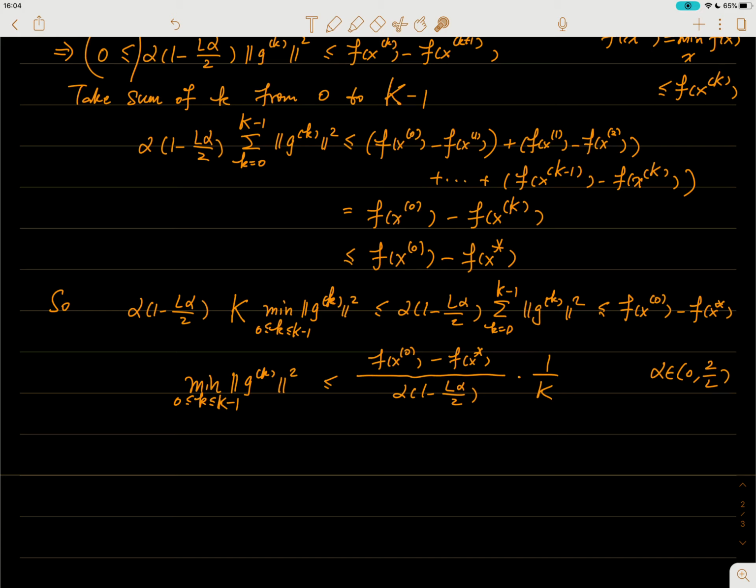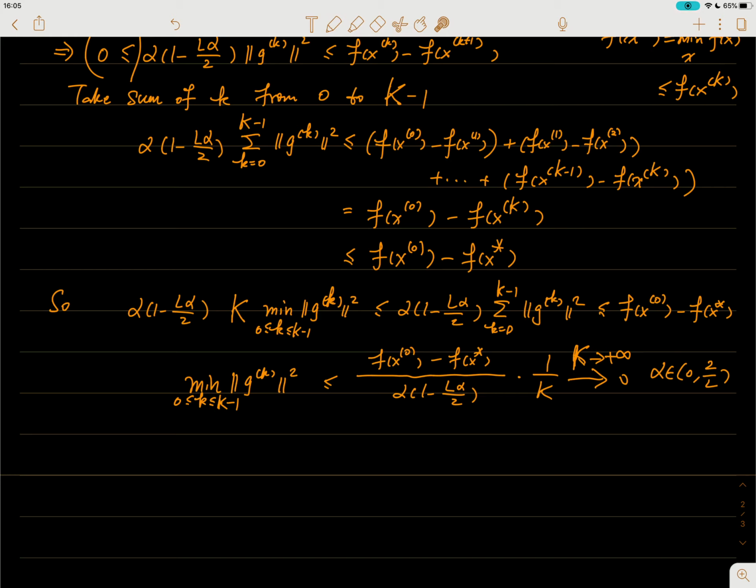Because the minimum gradient norm must be decreasing in the order of 1 over K. Say for K equals 100, then this should be 1 over 100, something like that. But it's going to 0. For K larger and larger, this goes to 0. For K going to infinity, right? So that's why we can see that the gradient we'll see is actually going to 0. At least the minimum one we'll see is going to 0.